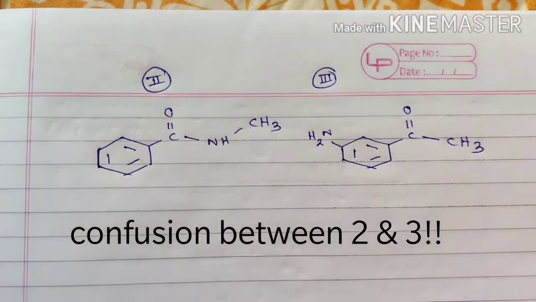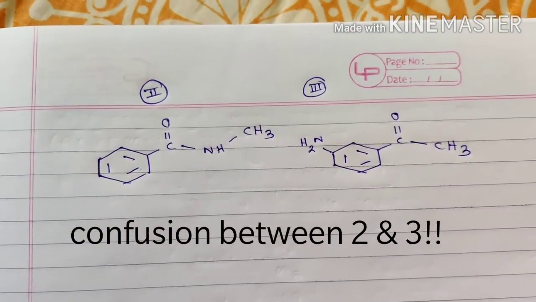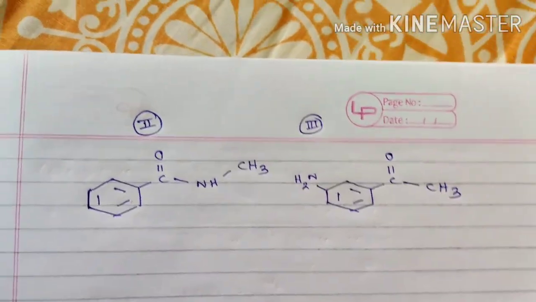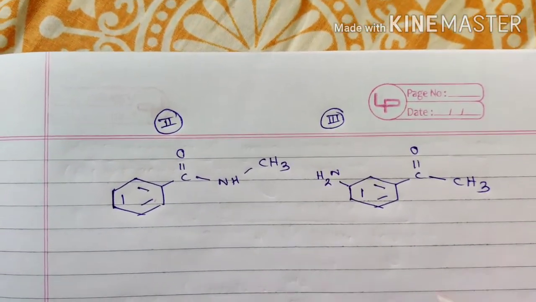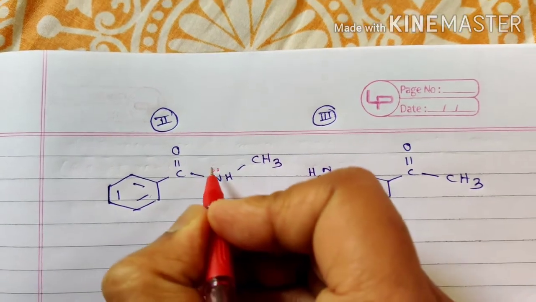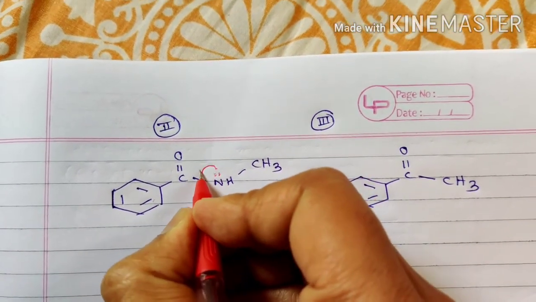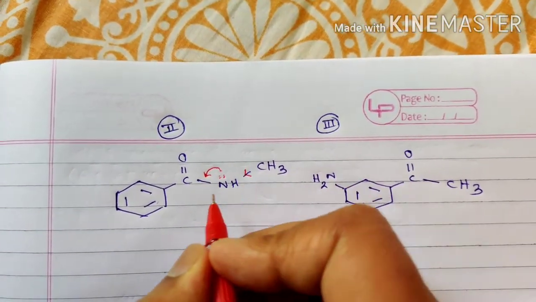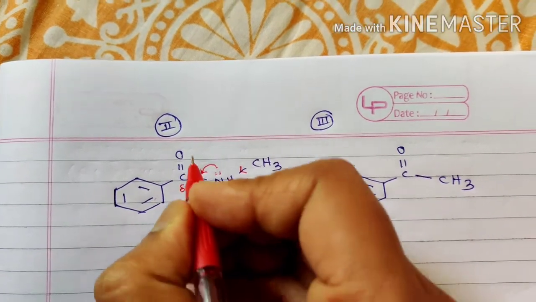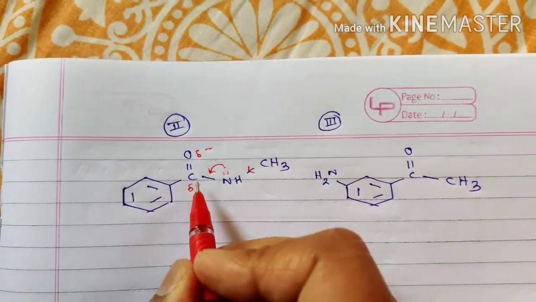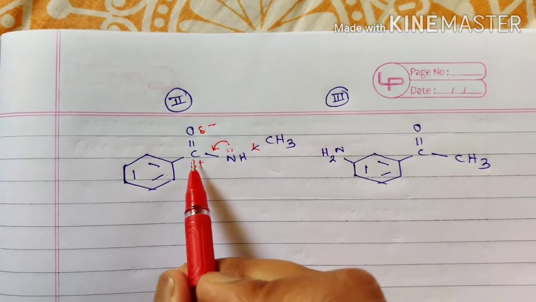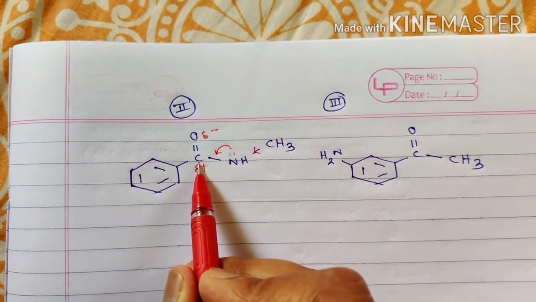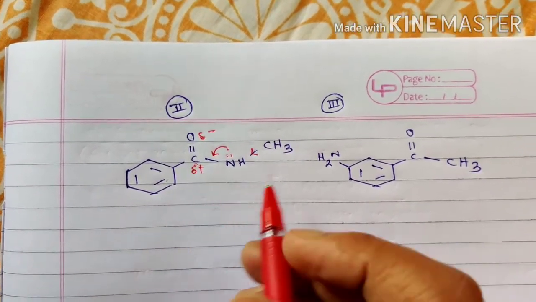Because in both cases, the resonance stabilization is there. So if we try to analyze, we will understand that here this lone pair can go to this side. There is a plus I effect as we have discussed, but this carbonyl carbon is delta positive, delta negativity is already there. So the deficiency of electrons is already there in this carbon.